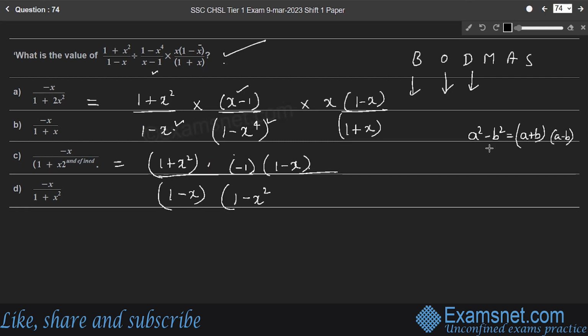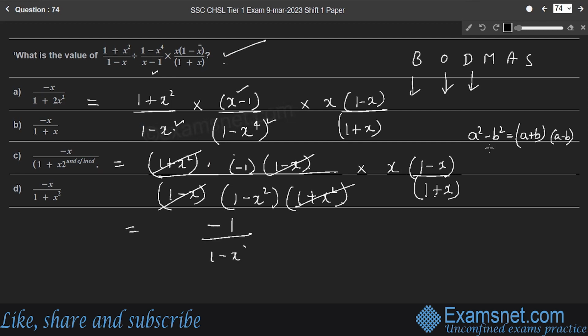So 1 minus x raised to 2 into 1 plus x raised to 2. Right? Into the second term is x into 1 minus x by 1 plus x. Now here we can cancel 1 minus x and 1 minus x, and 1 plus x square, 1 plus x square. Therefore, we have minus 1 by 1 minus x square.